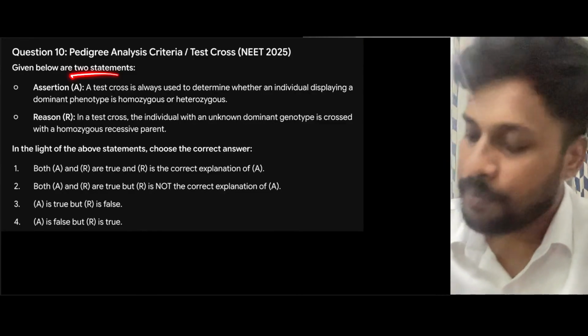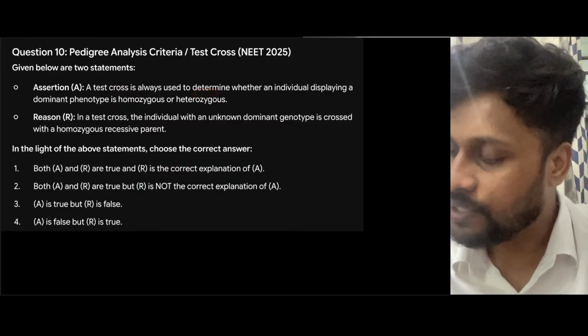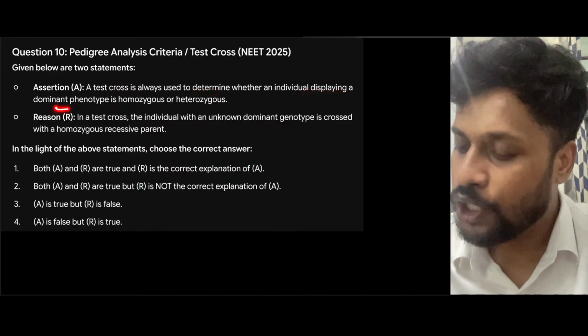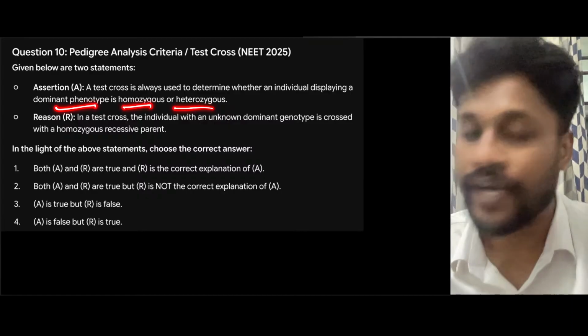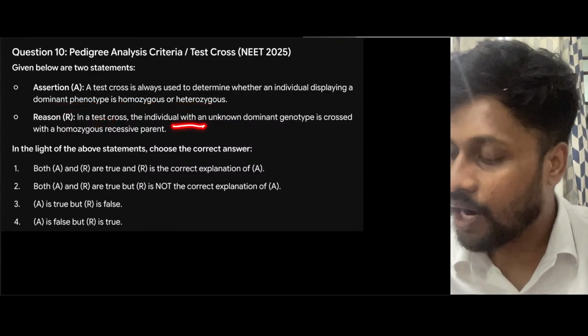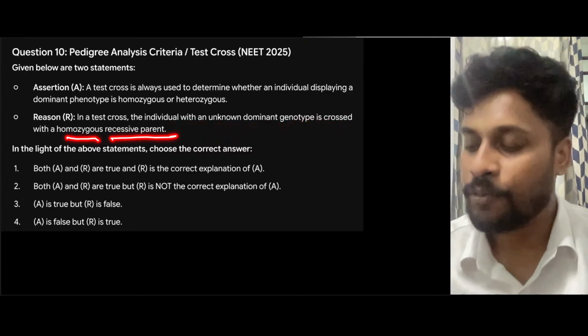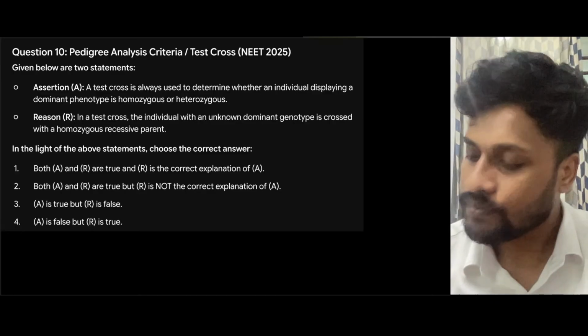Given below are two statements. Assertion: a test cross is always used to determine whether an individual displaying dominant phenotype is homozygous or heterozygous. Reason: in a test cross, an individual with unknown dominant genotype is crossed with a homozygous recessive parent. Let's see.